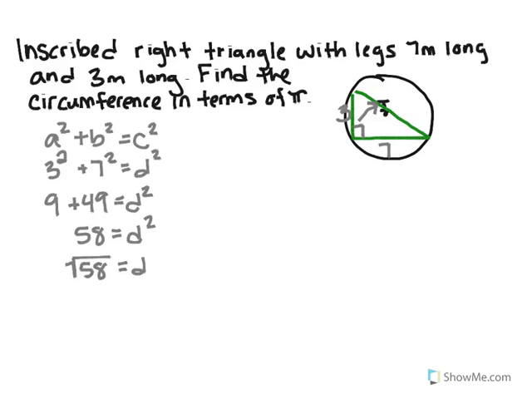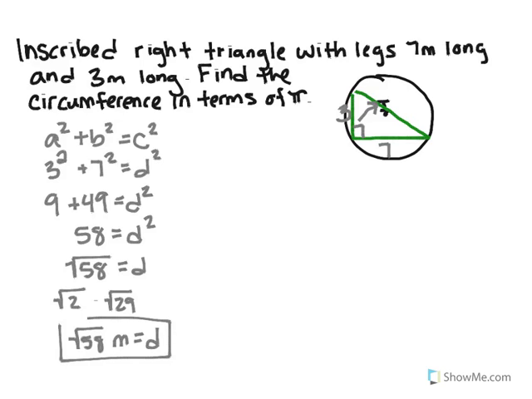And unfortunately, the only two factors of 58 besides 1 and 58 is 2 and 29. And what I know about 2 and 29, they are both prime numbers, and therefore we cannot simplify either one of these. So we are simply going to leave our diameter as root 58 with our unit of measure, meters, and that's going to be our diameter.